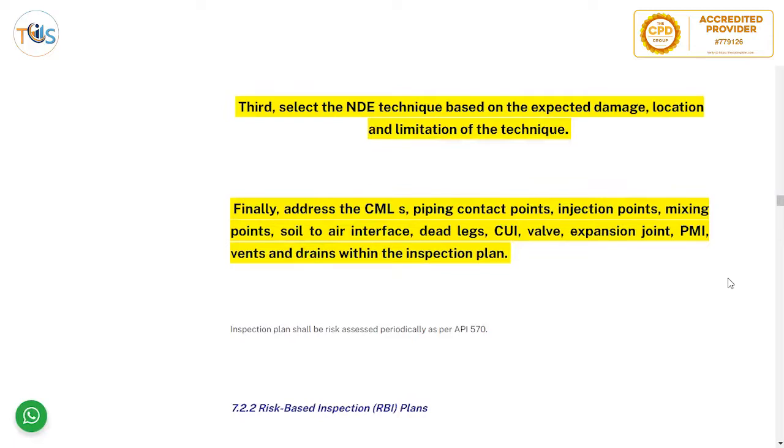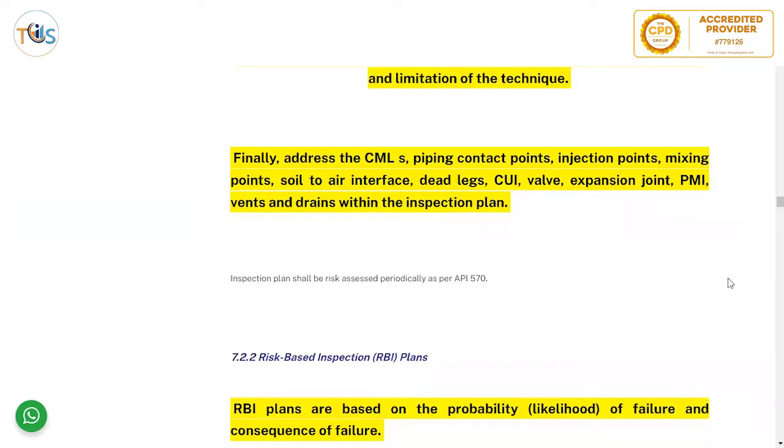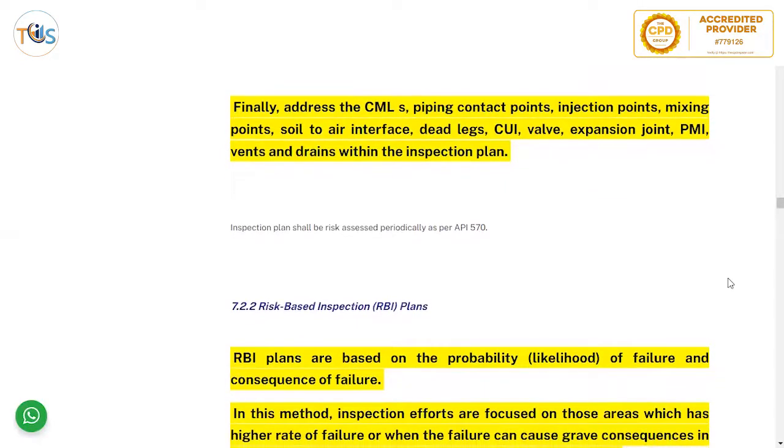So you have to address all these areas, how you're going to check them, because these CMLs are representative of the corrosion behavior of the metal over the years.